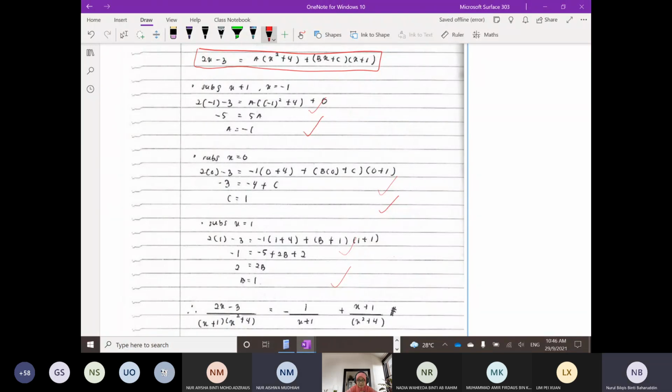Hai Nafika. Hai Nafika. Mana Hai Nafika hari? Hai Nafika, can we substitute x other than 1 in order to find B?